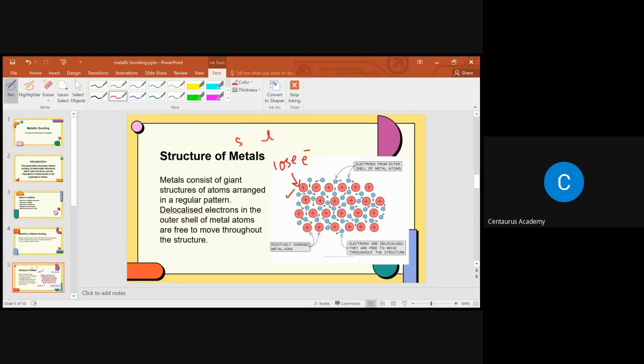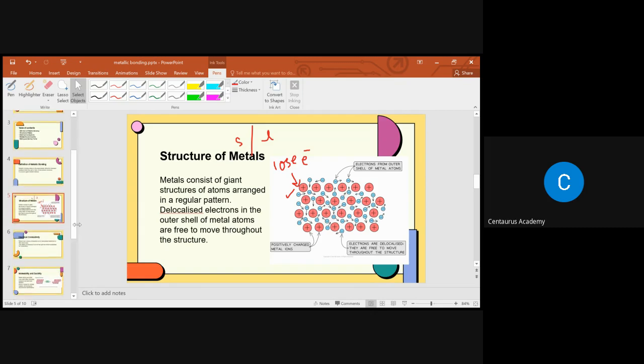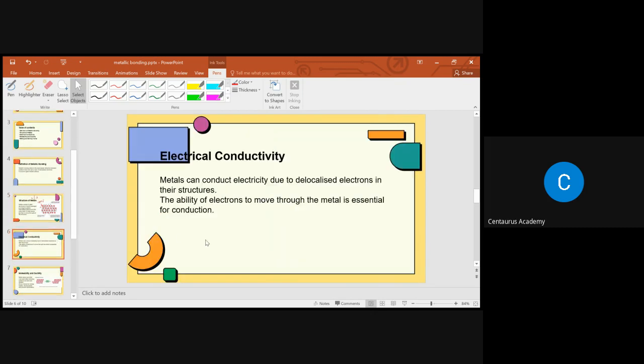So in liquid phases and solid phases, metals are able to conduct electricity, and these delocalized electrons are free to move throughout the structure, in between the positive cations. Metals can conduct electricity due to delocalized electrons in their structure, and the ability of the electrons to move through the metal is essential for conduction of electricity.